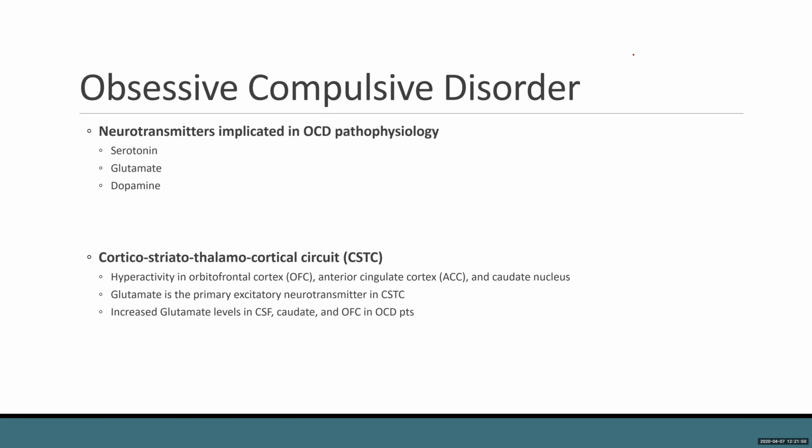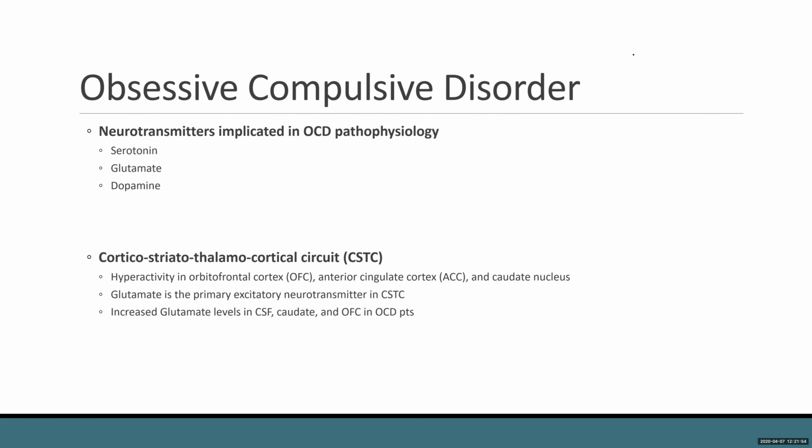So neurotransmitters implicated in OCD pathophysiology: serotonin, glutamate, and dopamine. Like we had talked about just now, the corticostriato-thalamocortical circuit. You can say that 10 times at the next cocktail party. You'll be looked at as crazy, probably, but this is the circuit that is very much involved in OCD and many other disorders.